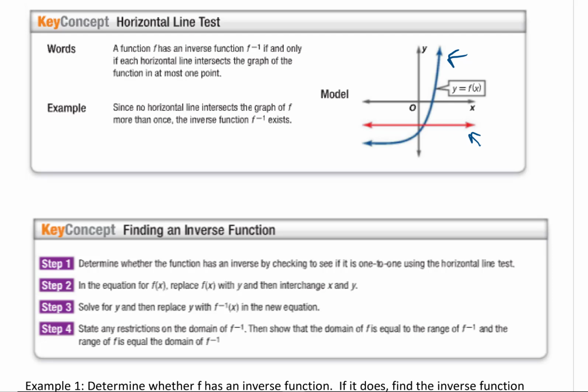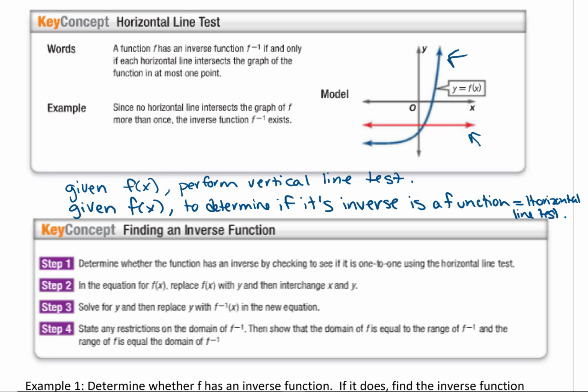So in summary, if we're given a graph and we want to determine if it's a function, we perform a vertical line test. If we're given a function and we want to determine if its inverse is also a function, we perform the horizontal line test.